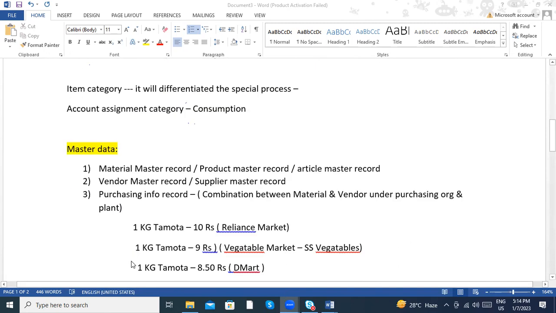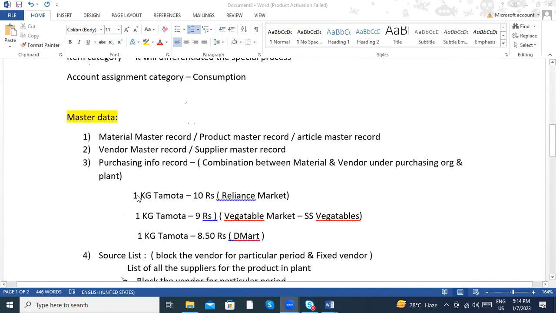So this is master data, which is one area. This master data can be performed by the material management team, or sometimes by a master data team, the MDM module.